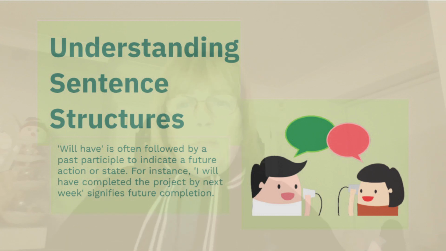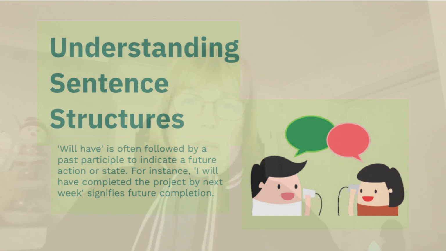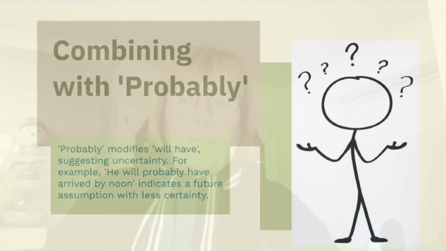But what about if you wanted to add probably? I will probably have completed the project by next week, which is saying to me, it's not definite. I'm going to try really hard, but I'm not quite sure if I will get that done.